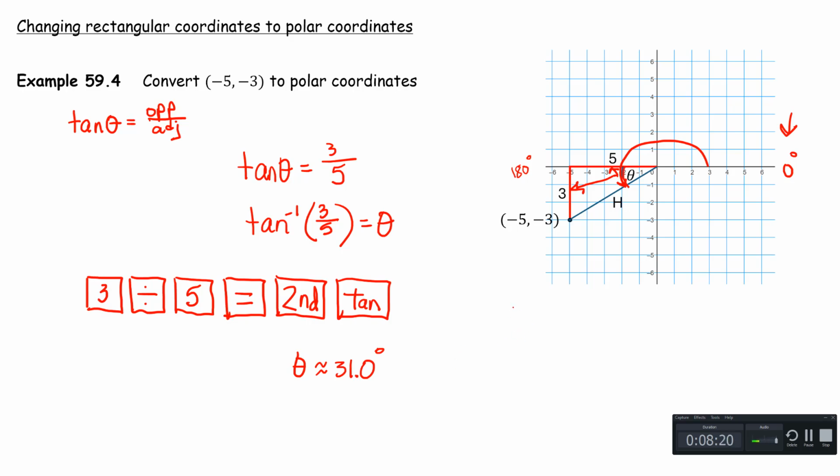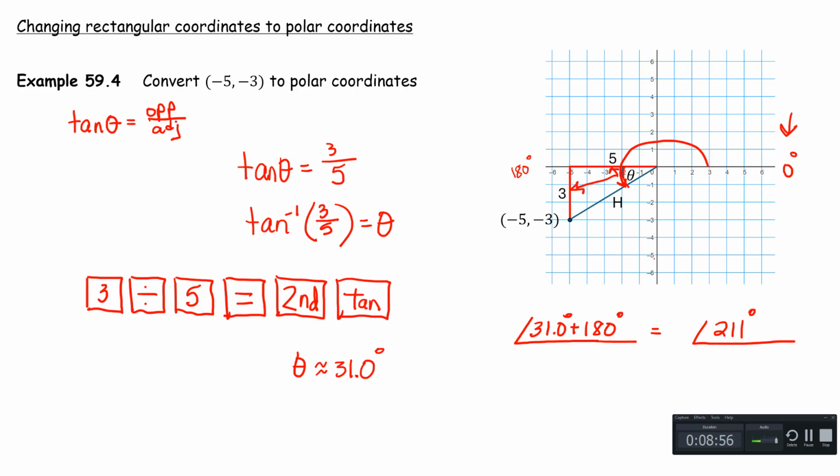And remember in your book, they put this little bracket like this, and inside the bracket will be the angle. So inside there, we've got 31.0 plus 180. And so that is going to be 211 degrees.